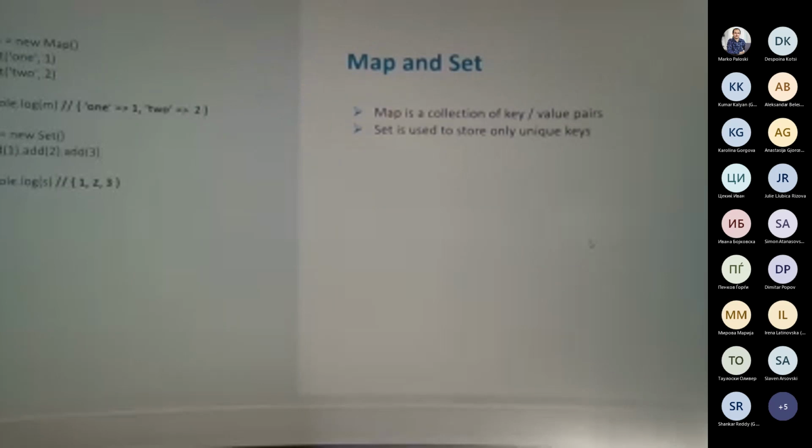You can use the set method in order to set a new key value pair. And also about the Set, you can add items through add, and you can store them as unique keys.